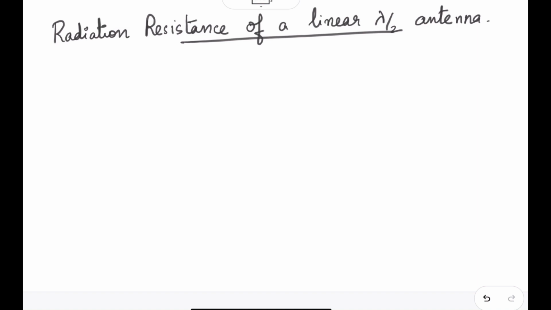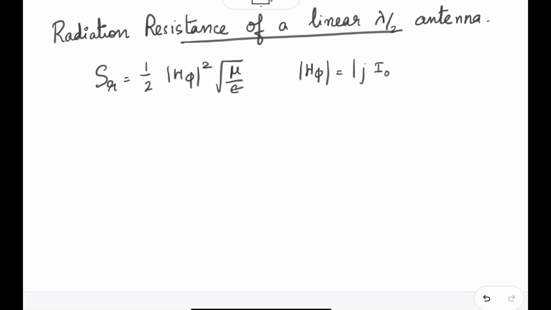So first to find power radiated, Poynting vector is given by the formula 1 by 2 into h phi the whole square into root of mu by epsilon. So here also absolute of h phi, if you are finding out, that will be equal to absolute of j into I naught. So this will be equal to I naught.